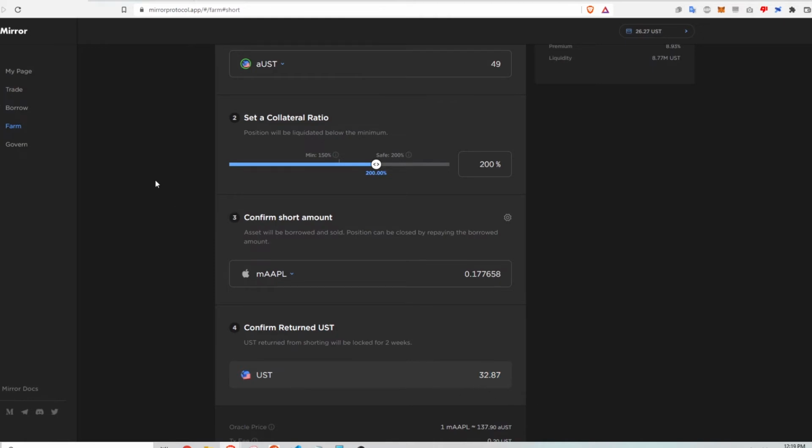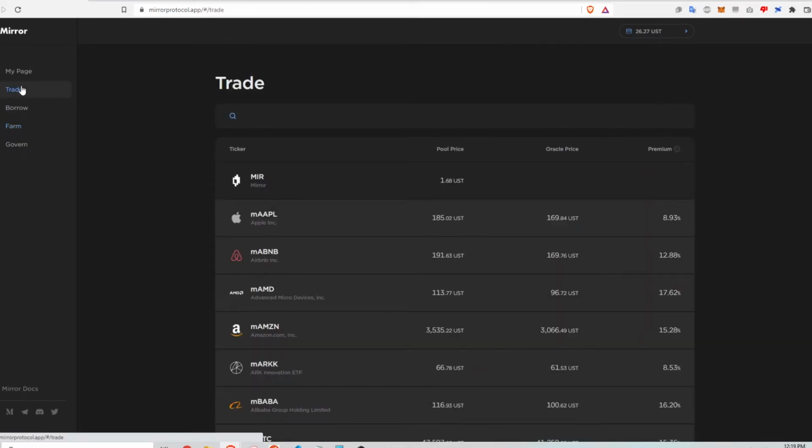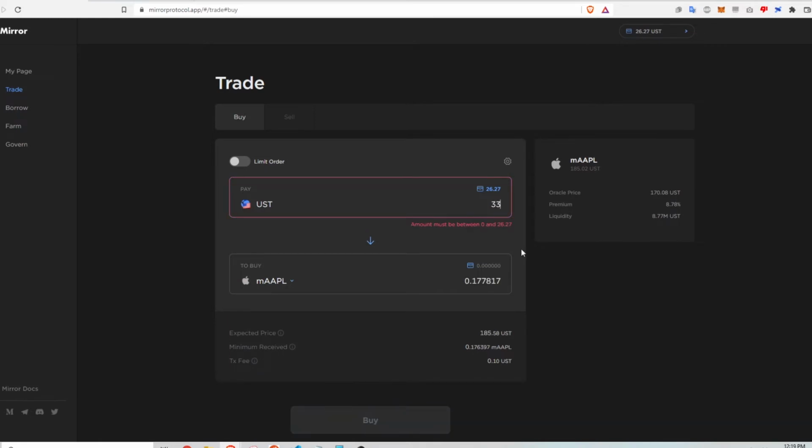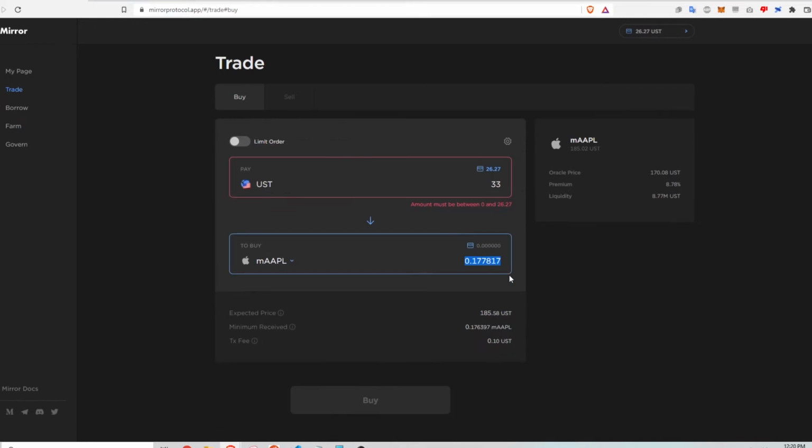And the last step is just to go to trade and use the last third of my capital that I'm trying to invest and go to buy roughly 33 UST worth of MApple shares. So I want this amount of shares to be the exact same that I've borrowed and shorted in the short farm. And I would just go ahead and click buy.